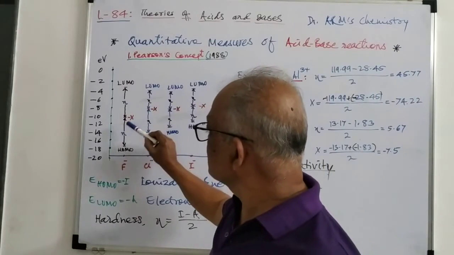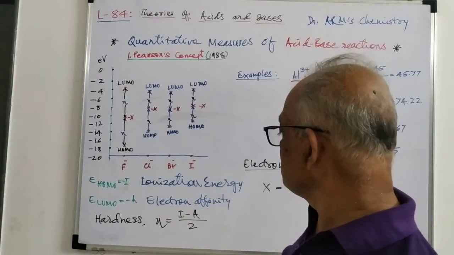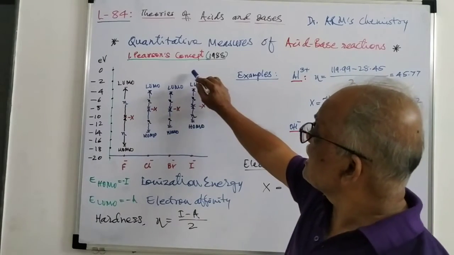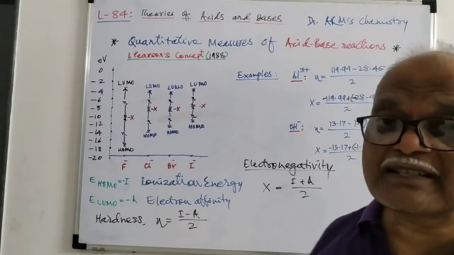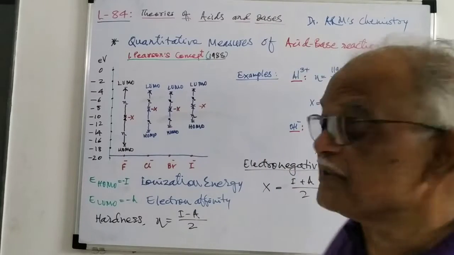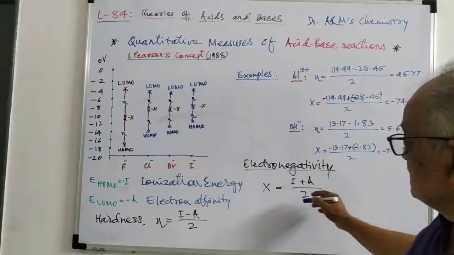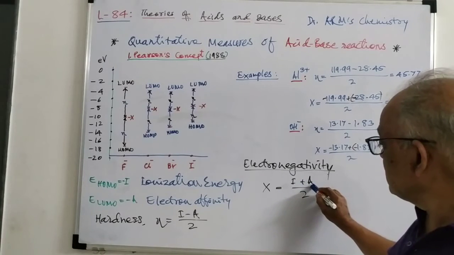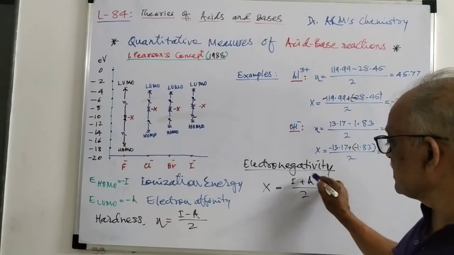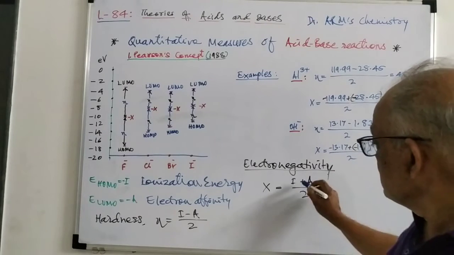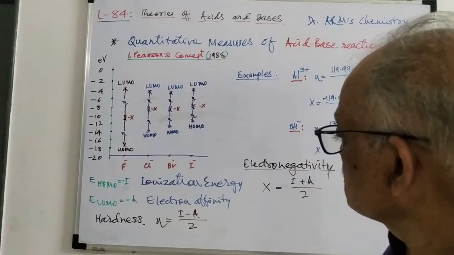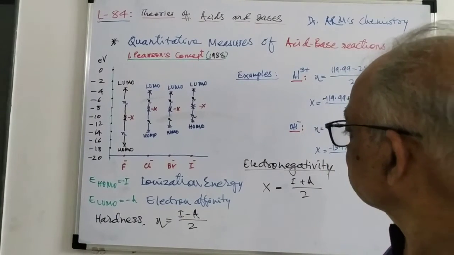And here X is electronegativity, another term given by Pearson. It is taken as half of the sum of the ionization energy and electron affinity values.